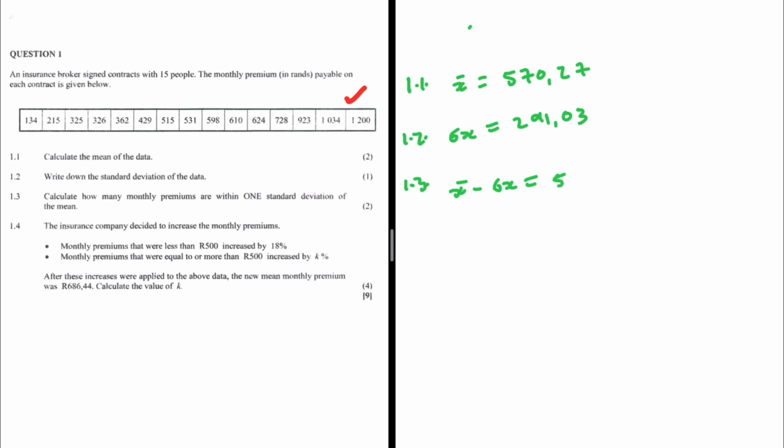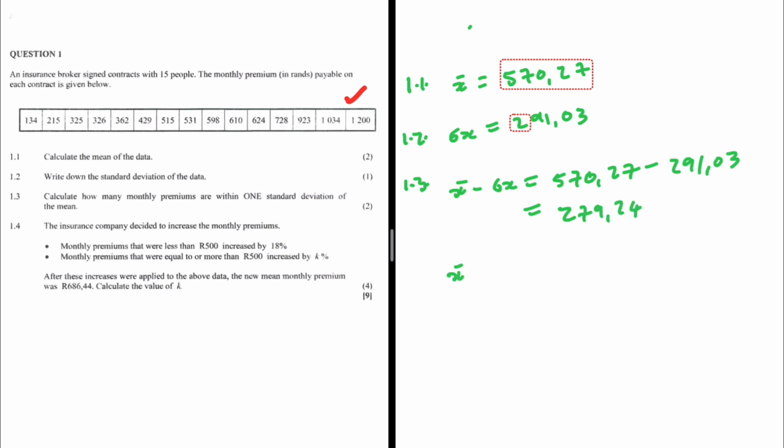So this is 570.27 minus 291.03. Okay, so let me put that in my calculator. 570.27 minus 291.03. This is 279.24.